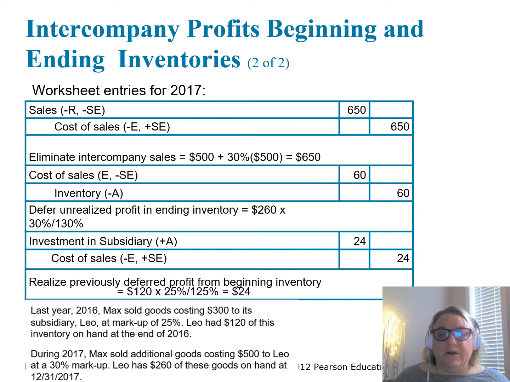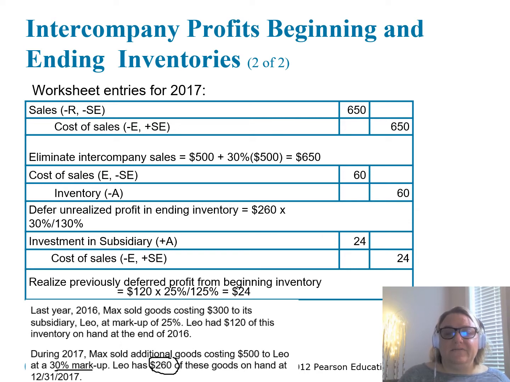for this next part, we're going to multiply the part that's on hand at the end of the year, this 260 of goods on hand. We're going to multiply this times 30% divided by 130%. That's where we're getting our 60. So we're basically taking our markup and dividing it by 130%.